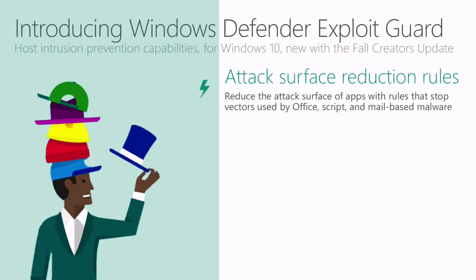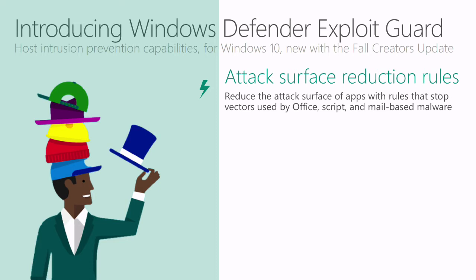And like this guy on my slide, Exploit Guard wears a lot of hats. In particular, we have 4 big features that are part of Windows Defender Exploit Guard that we feel is really a comprehensive answer to the pain points that our EMET customers were having. So the first one that we have here is attack surface reduction rules.